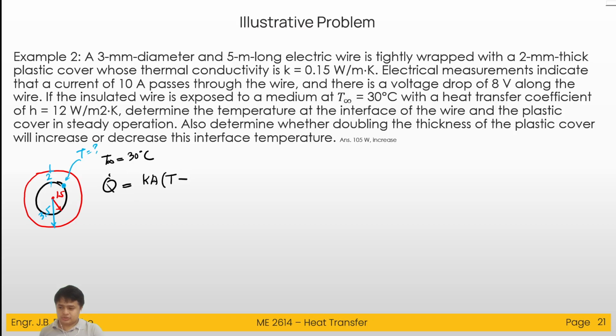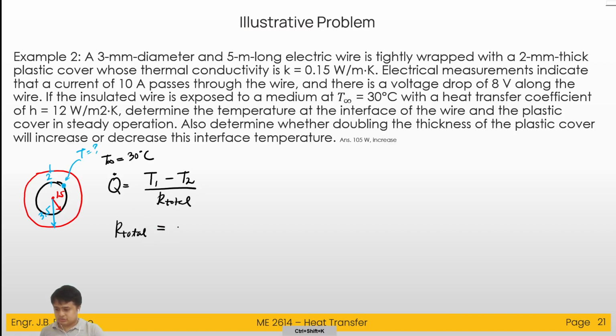If you have conduction and convection, this should be the total resistance, so we use the old classic T1 minus T2 over R total. So the R total here is conduction and convection.